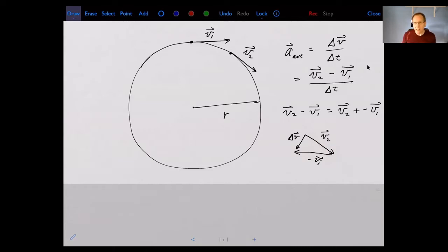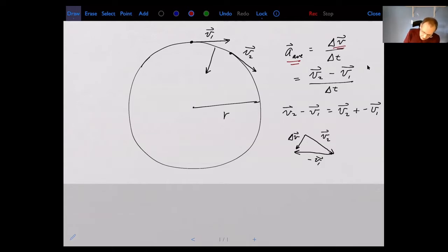It turns out, and it's hard to see this, I'm just doing this qualitatively here, that the direction of delta v is going to be towards the center. And since the average acceleration, remember, is equal to delta v over delta t, and delta t is just a scalar, just a number, the direction of the acceleration depends on the direction of delta v, because that's what the vector is, right?